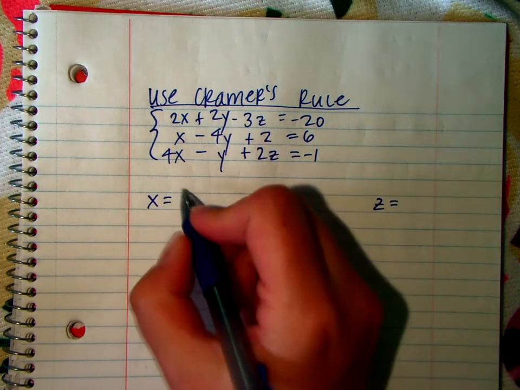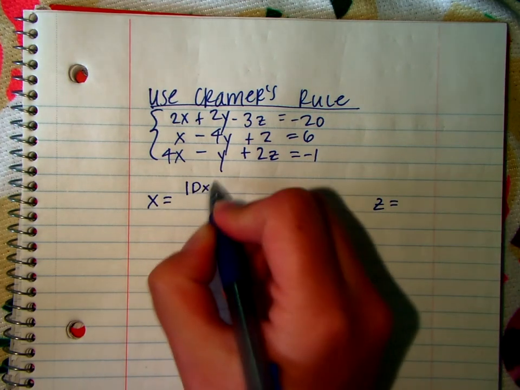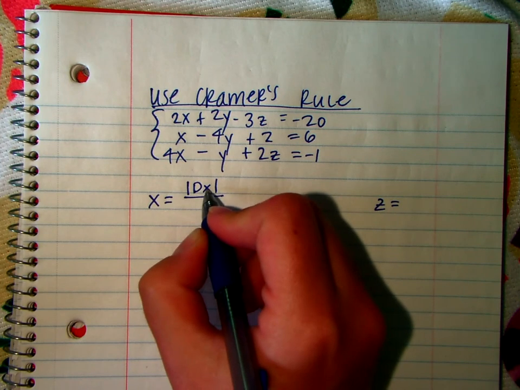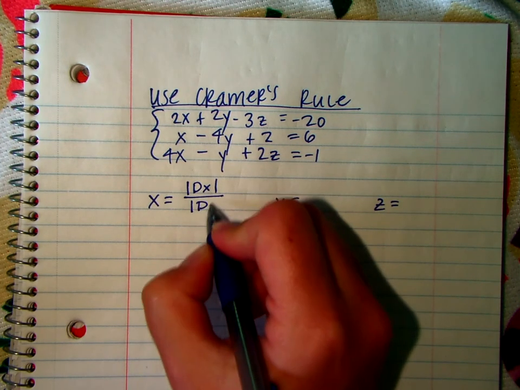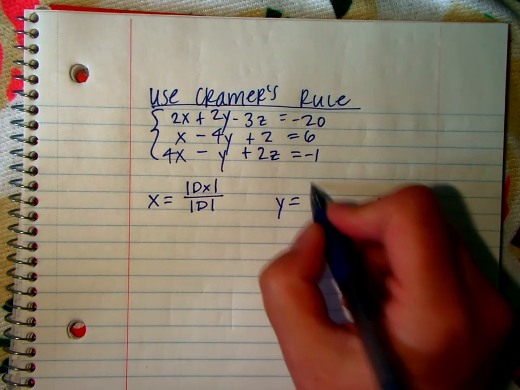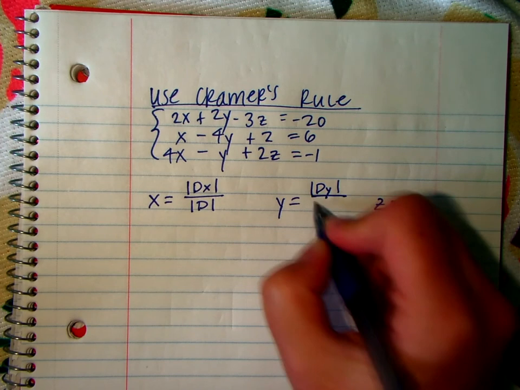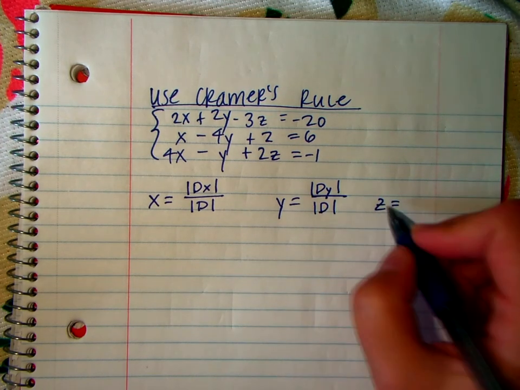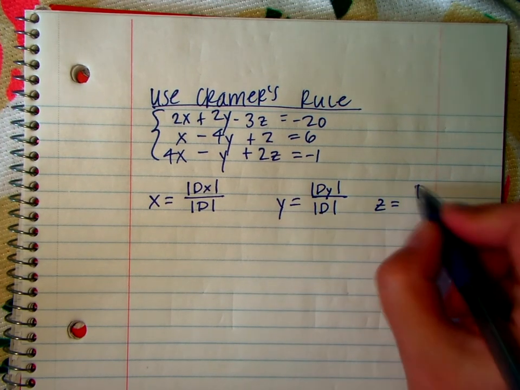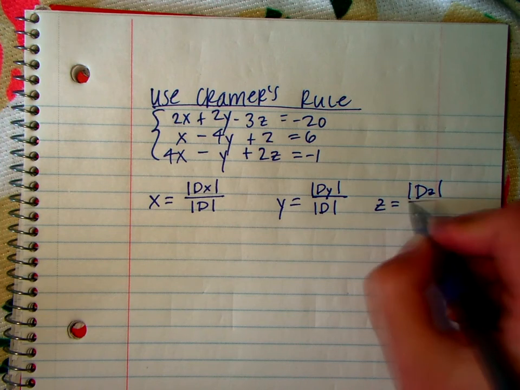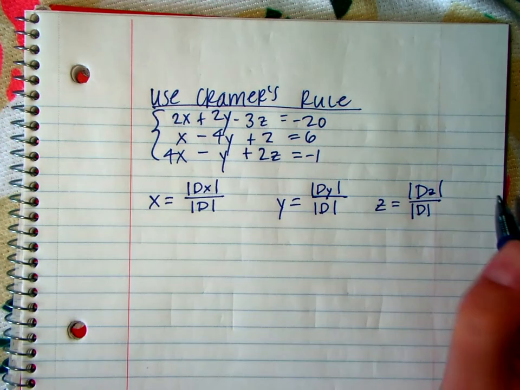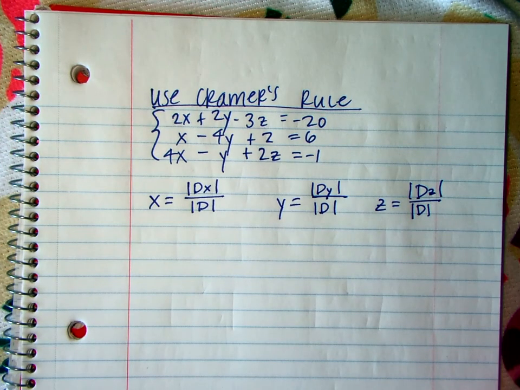So to get x, it's the determinant of an x matrix that we're going to build, divided by the determinant of the coefficient matrix. Same thing. So these are no different. The only difference is now we're going to create one of these for z, and we're going to divide by the determinant of the coefficient matrix.